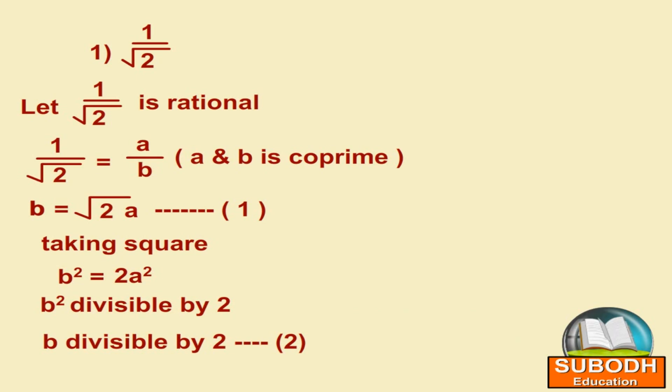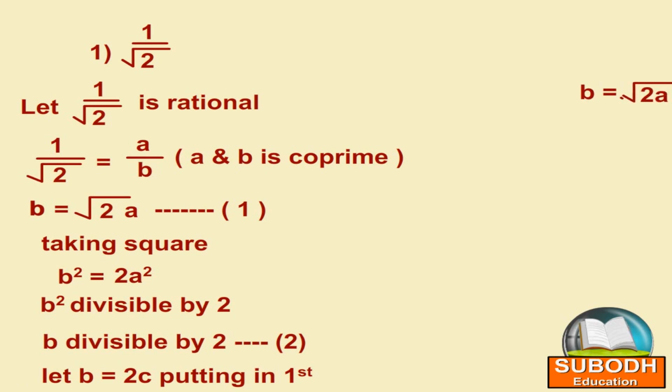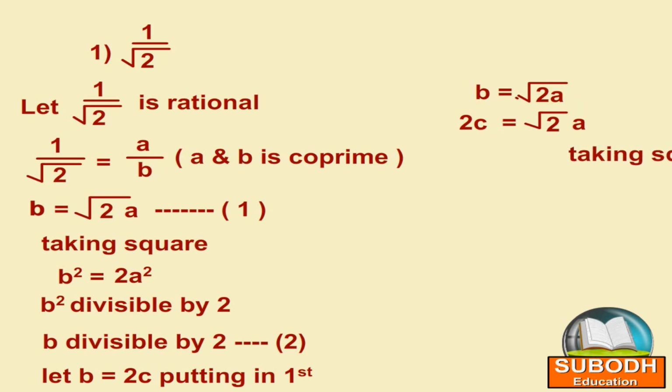Equation number 2. Let b be equal to 2c. Putting in equation first, b is equal to root 2 a, so 2c is equal to root 2 a. Taking square on both sides, 2c square is 4c square, equal to root 2 squared, 2, a square.